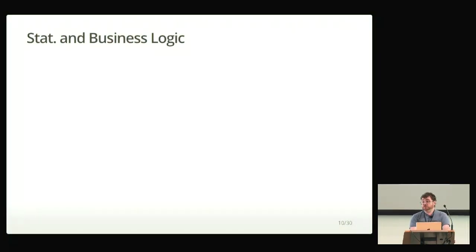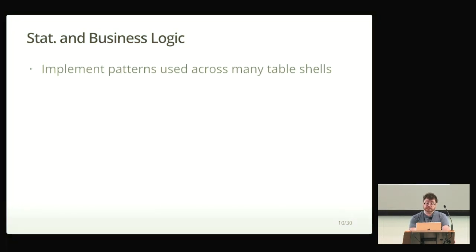And then sort of below that, you have the statistical and business logic. And this is going to implement patterns that apply across many table shells. The spec of a table is called a shell. And that's going to include the statistical methodological choices that the organization has decided to use.